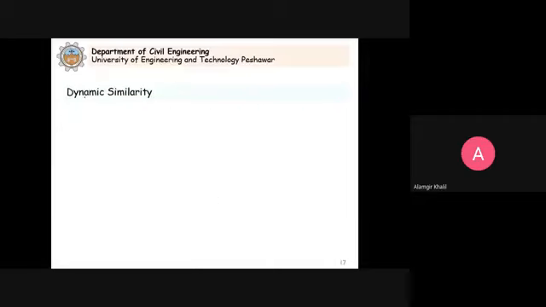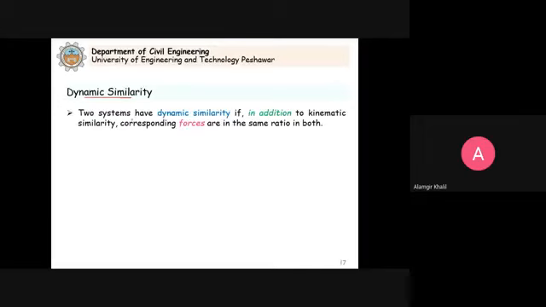Now we discuss dynamic similarity. Two systems have dynamic similarity if, in addition to kinematic similarity, corresponding forces are in the same ratio in both. So we define the force scale ratio Fr, that is equal to Fp divided by Fm.